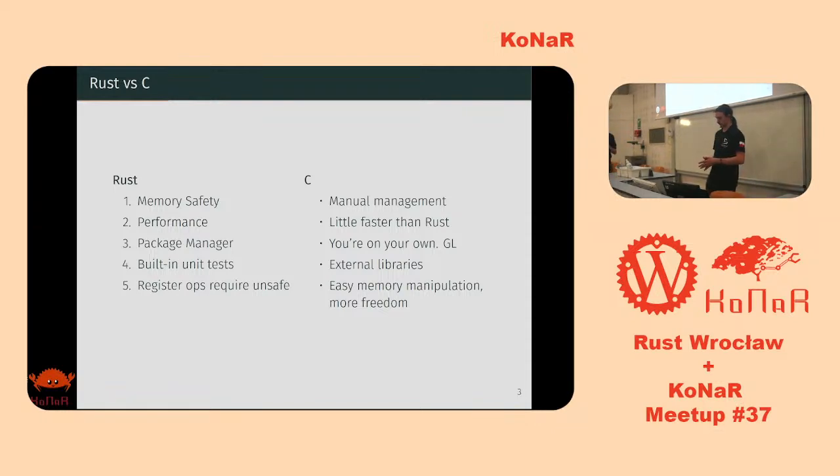This code may cause trouble. There is nothing like this in C. You can make a pointer to some random memory location and pray that you did the right thing.